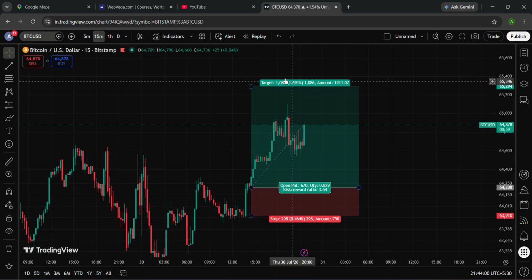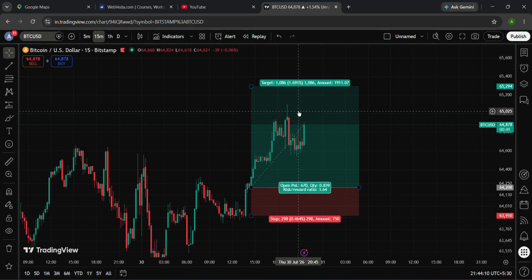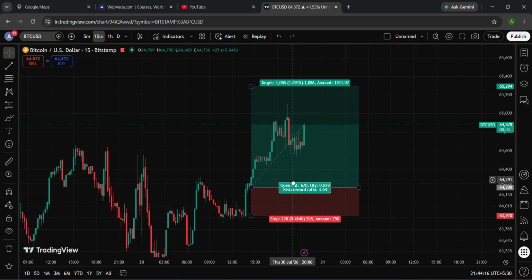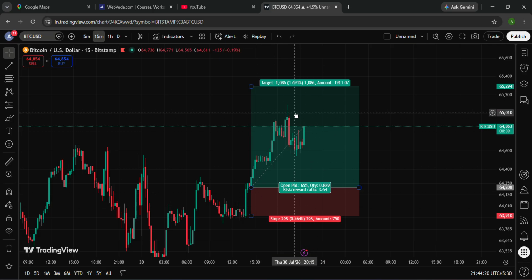That was my target price. If the price hits that line, my target will be achieved, and I will successfully exit from my trade. And if my SL is hit, then I will exit from my trade. So that is what a long position actually means.